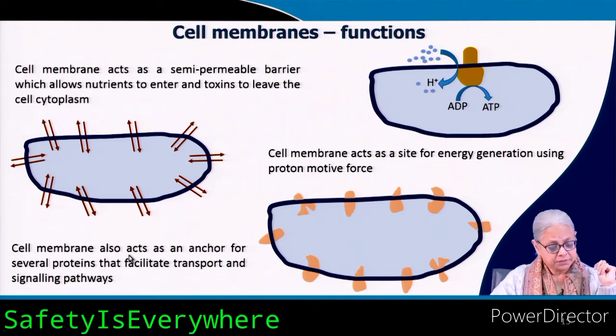And finally, the cell membrane is an anchor for several proteins that facilitate the transport and signaling pathways. You have already seen that this is ATP synthase, which is another transmembrane protein, and you have several other proteins which will determine whether water goes in and out, whether glucose goes in and out, and what is the form in which glucose will go in and out.